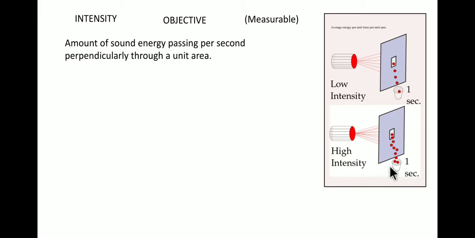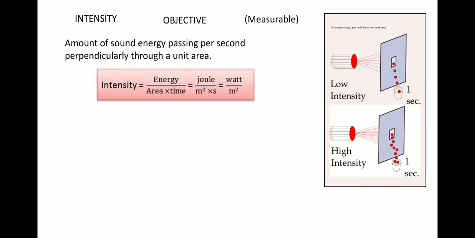So mathematically, how do we understand intensity? Intensity is energy passing through per unit of area per second. All right, so energy per unit of area per second means in 1 second how much energy is passing through 1 unit of area. So energy is written as joule, area is meter squared, time is second.